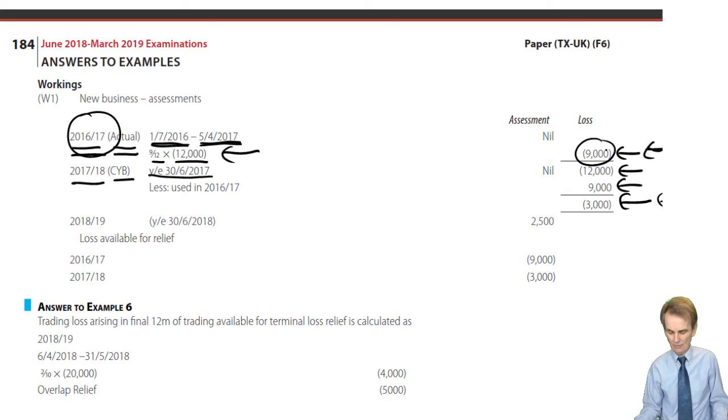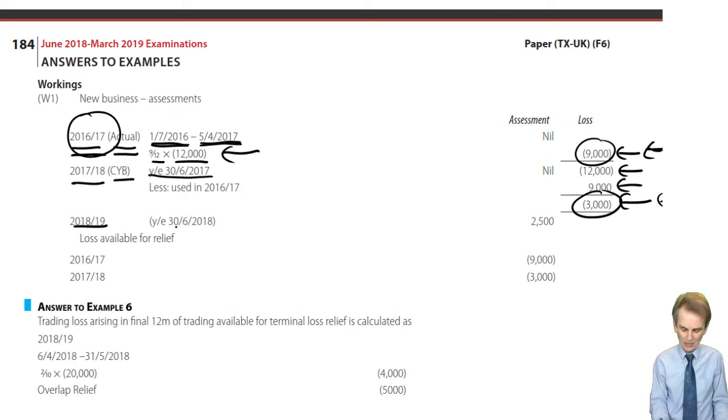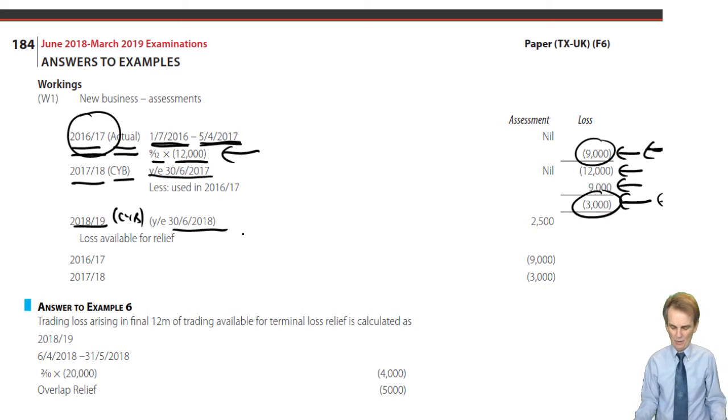So 9,000 for 16-17, the remaining 3 of the £12,000 loss of the opening year available for the 17-18 tax year. On to 18-19, CYB of course applies. We should have that in there, current year basis, and that's the year ended June 18, a mere £2,500.